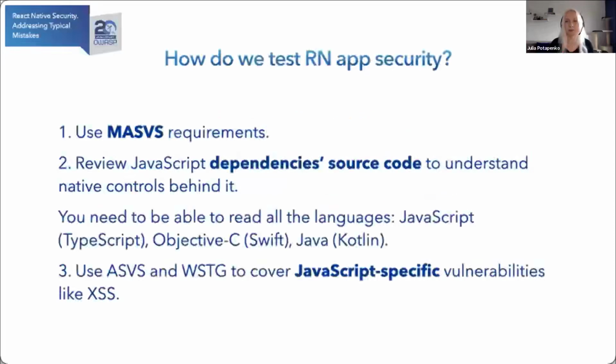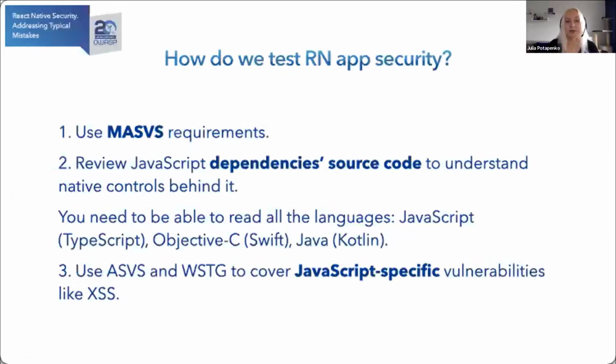And a little bit to sum this up: how do we test React Native application security? First of all, yes, we use MASVS. It's very convenient because it is a sort of checklist and it can make our security measurable, more visible.